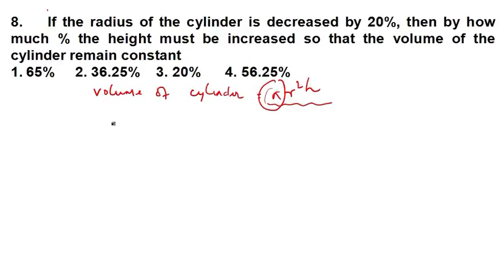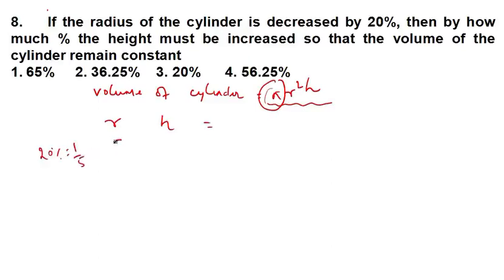It is written in the question that radius got decreased by 20%. Then by how much percent the height must be increased so that the volume remains constant. So we know that decreased by 20% is 1 by 5.